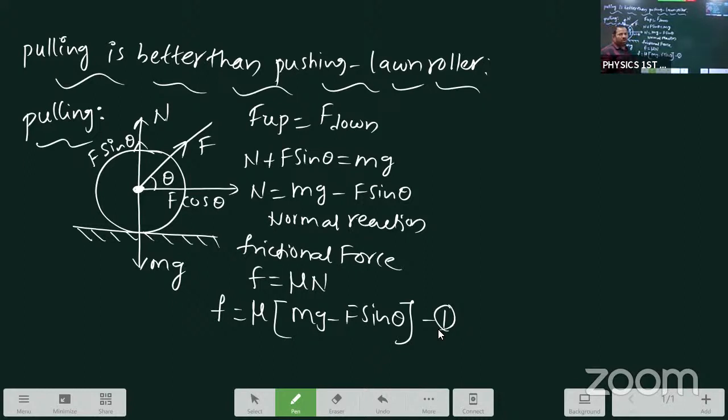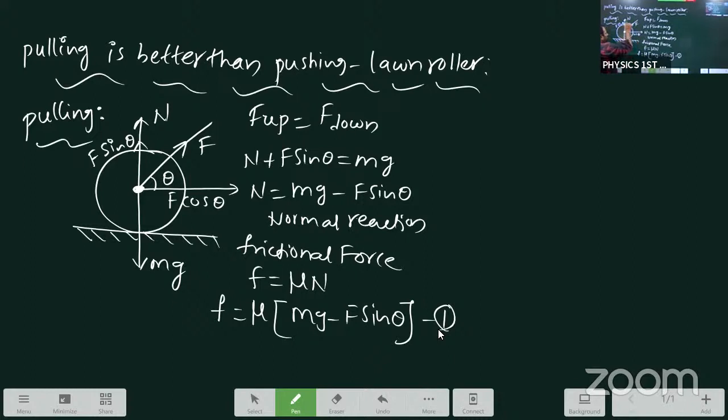Our topic is pulling is better than pushing in the case of a lawn roller. One diagram, pulling: F is the external force divided into two components. Normal reaction upwards, mg downwards. One is action, one is reaction. F is divided into two components: one is sin theta, second one is cos theta.